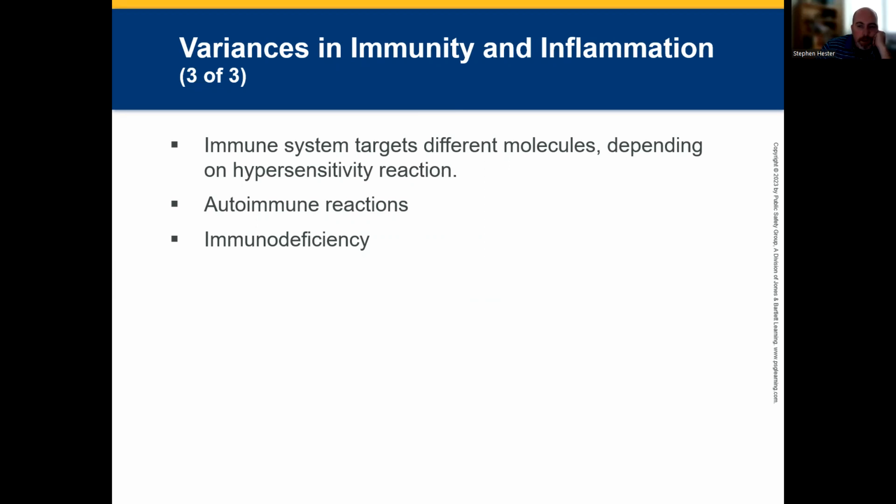So you have the autoimmune reaction that targets a person's own tissues, and then the immunodeficiency, where the body's immune system is inadequate and resistance to infectious disease is decreased.